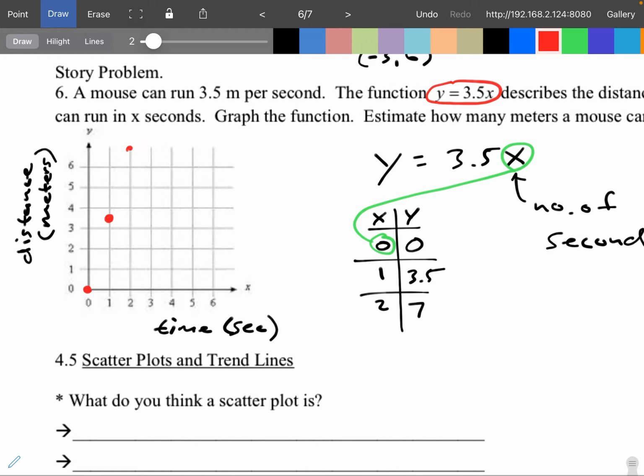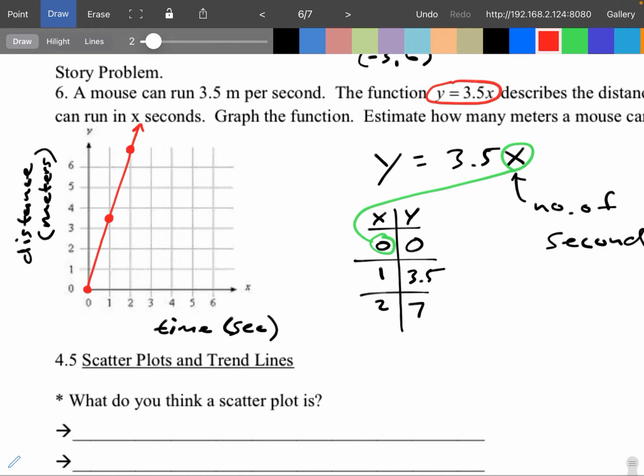So 0, 0 is going to be right here. 1, 3.5. We're at x equals 1. We got to go up 3.5 squares. That puts us right in the middle right here. And then at 2, we got to go all the way up to 7, so x equals 2, y equals 7 is going to be up here, right? Do we connect them?